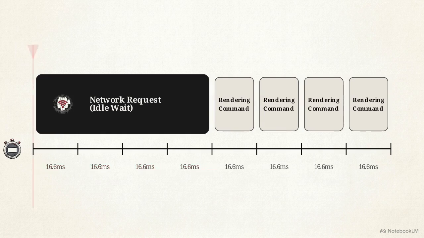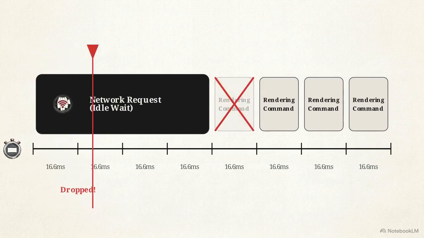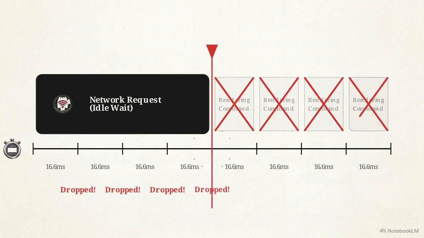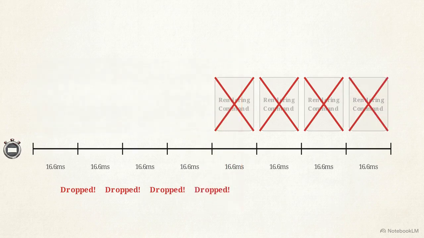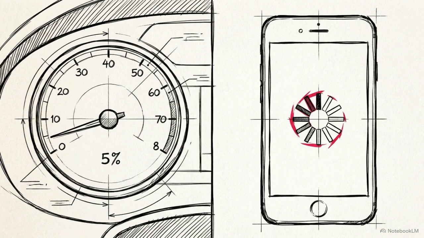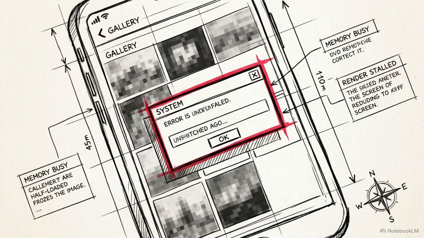This waiting period instantly violates the 16.6 millisecond rendering deadline. Because the thread is blocked waiting for the network payload, the scheduled rendering commands trapped behind it are skipped entirely. In the user's hands, these dropped frames manifest as UI lag and scrolling stutter. The application lags not because the device processor is overworked, but because it is trapped doing nothing. I/O operations starve the rendering queue of time, breaking the illusion of a responsive interface.